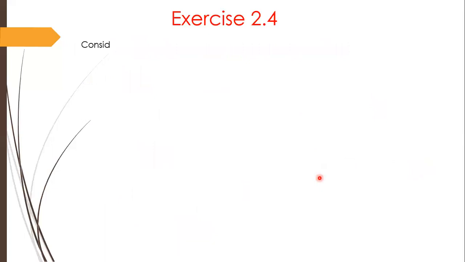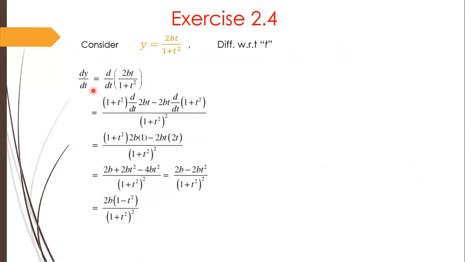Now, consider y is equal to 2bt over (1 plus t square). Differentiate it with respect to t. Why? Because here t is the independent variable and y is the dependent variable. So dy by dt means d by dt of 2bt over (1 plus t square).